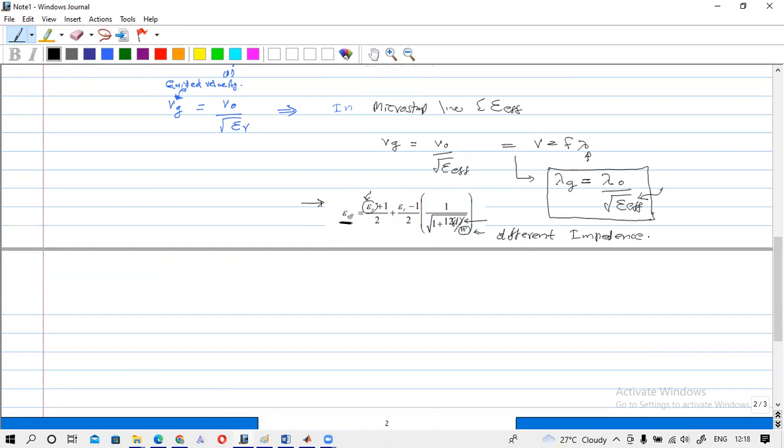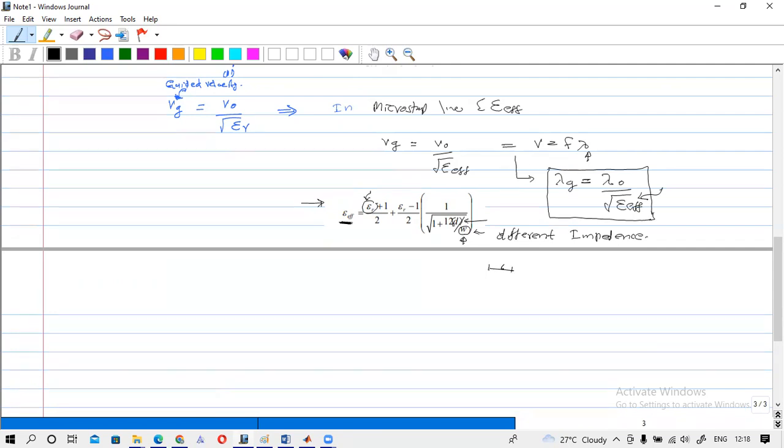Okay, different impedance. And if we are going to use different impedance, we will get different width values. The width of the microstrip line is directly related to the characteristic impedance of this transmission line.